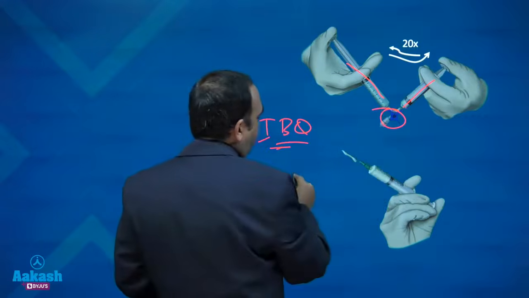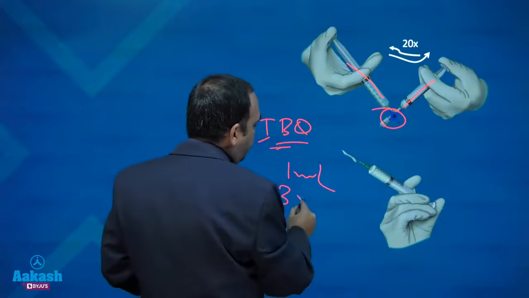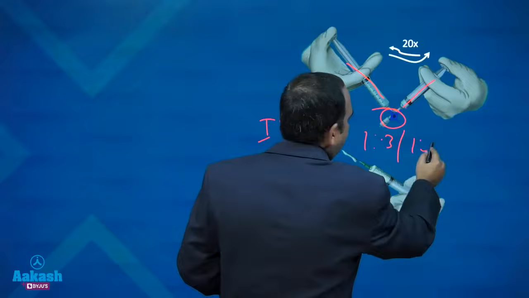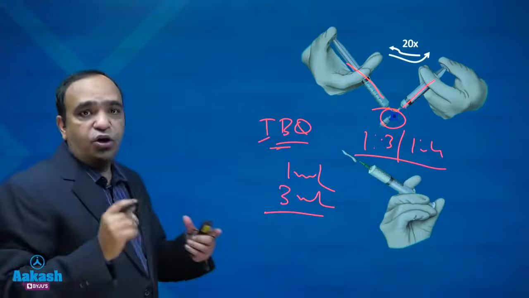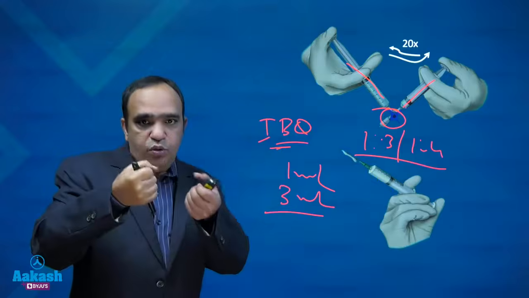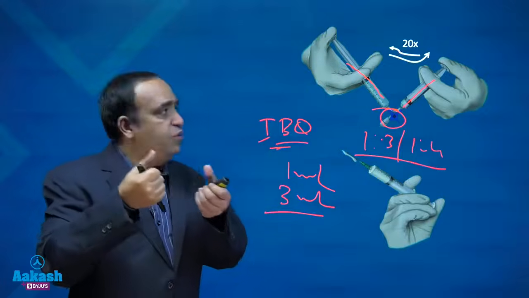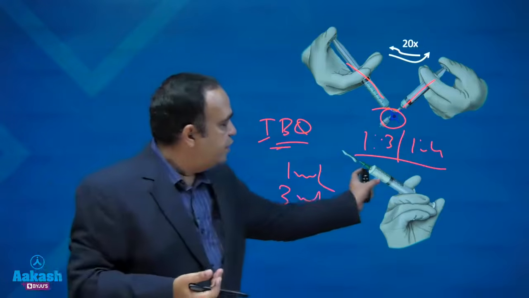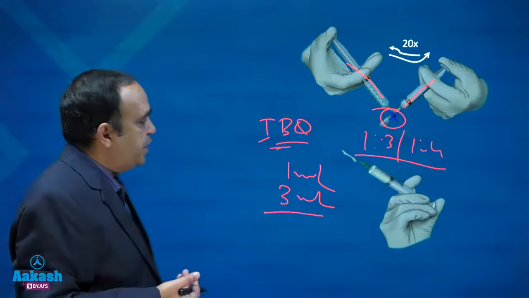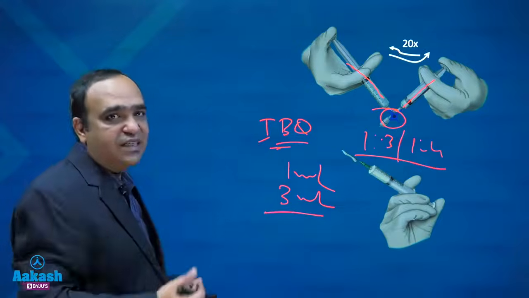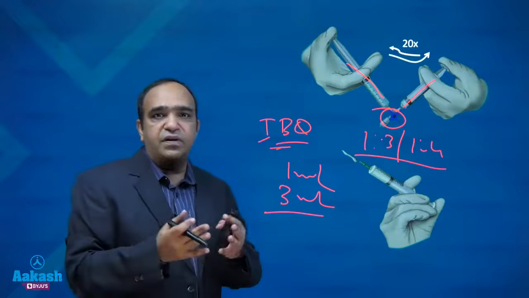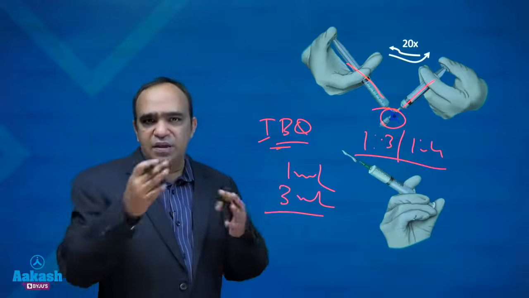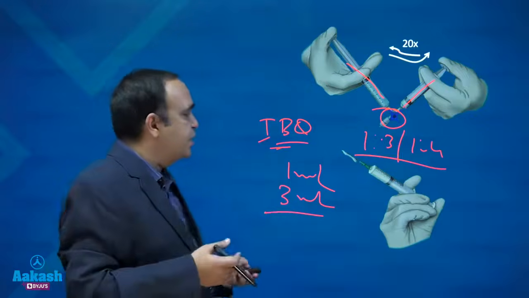You take 1 ml of sclerosant and 3 ml of air, so it becomes 1:3, or 1:4 also you can take, a mixture of sclerosant and air, and then you oscillate this mixture between these two syringes for around 10 to 20 times, and when you do that, a white colored foam will be prepared, and that foam is used to inject inside the reticular veins, and it's a kind of chemical sclerotherapy that causes aseptic sclerosis inside the vein, similar to laser and radio frequency.